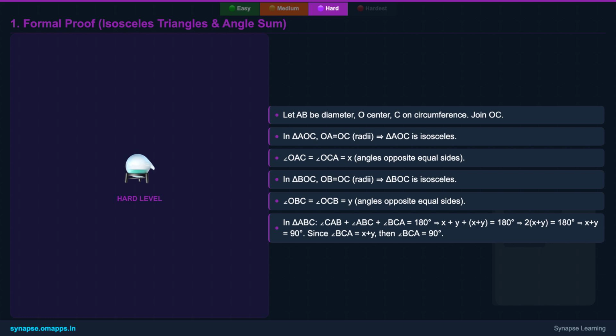This simplifies to 2x plus 2y equals 180 degrees, which means x plus y equals 90 degrees. Since angle BCA is x plus y, we've proven that angle BCA is 90 degrees. This elegant proof shows the theorem's consistency with fundamental triangle properties.